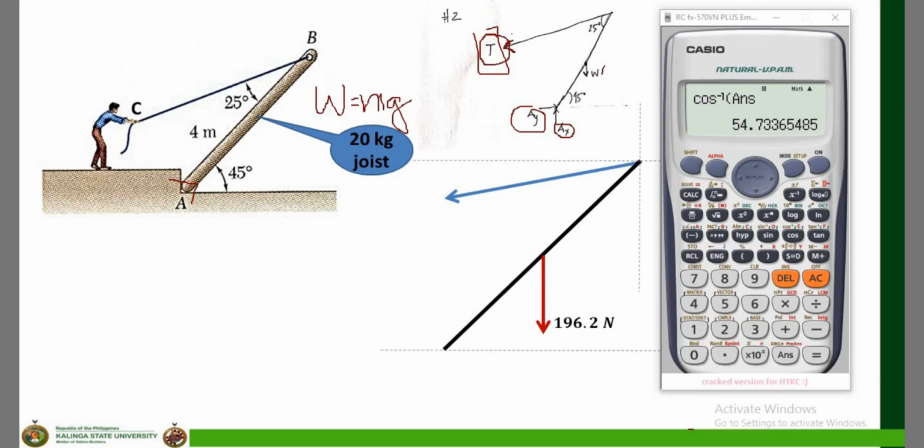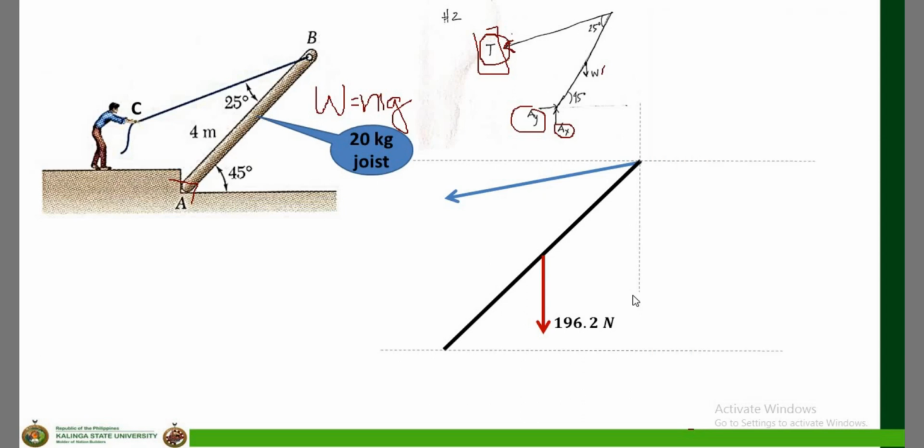So given the mass, that is equal to 20 kilograms multiplied by 9.81 meter per second squared, that is equal to 196.2 newtons. Again, take note newtons, kilogram meter per second squared.